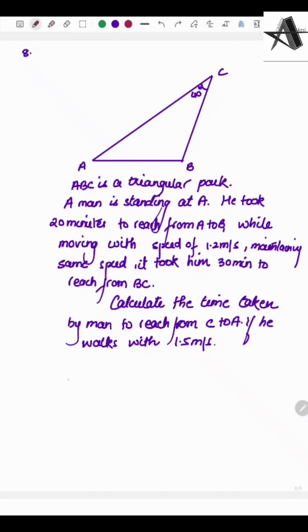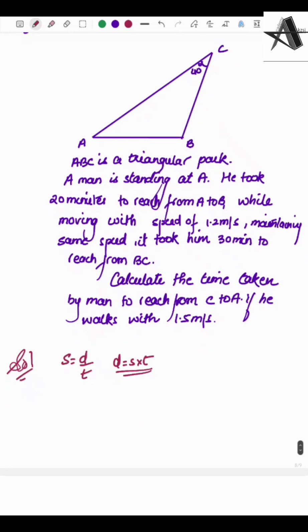How? Because speed is equal to distance over time. So on rearranging, distance will be speed into time. Similarly, maintaining the same speed, it took him 30 minutes to reach from B to C. Calculate the time taken by the man to reach from C to A if he walks with 1.5 meters per second.